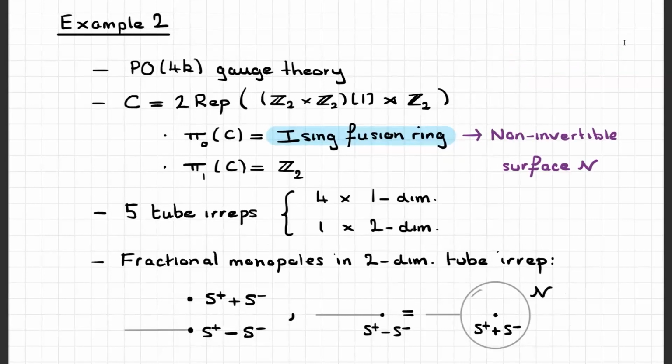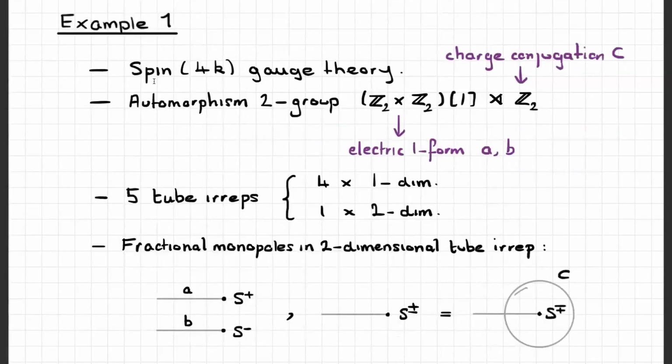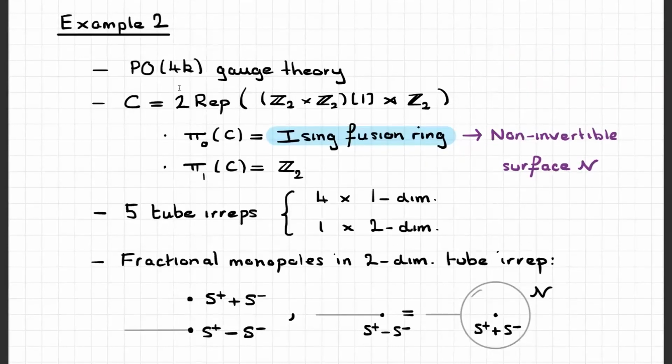Okay, let me give you another example, which is non-invertible now. It's related to the previous example by gauging the whole symmetry, but what you can consider is a gauge theory in 3D whose gauge group is PO(4K), and that has a fusion 2-category symmetry, which is the dual, namely 2-representations of this 2-group.